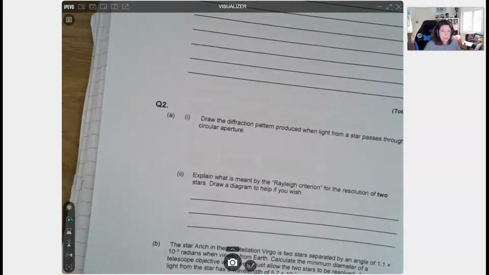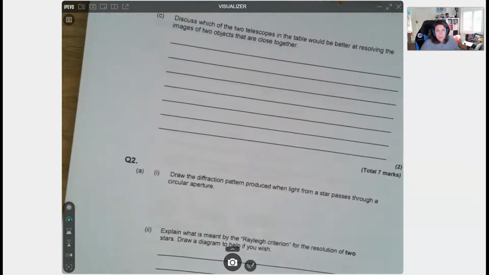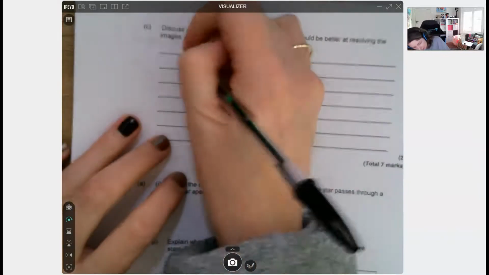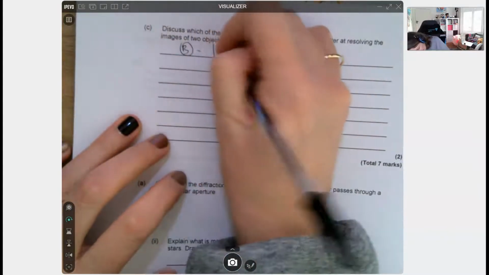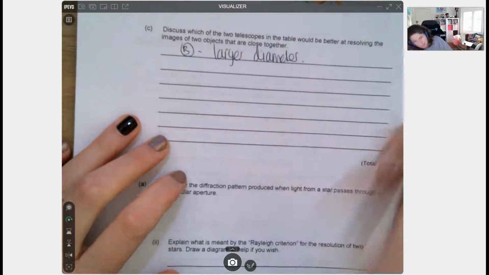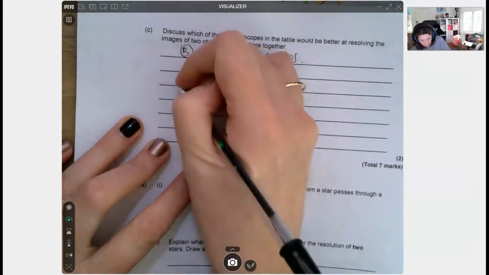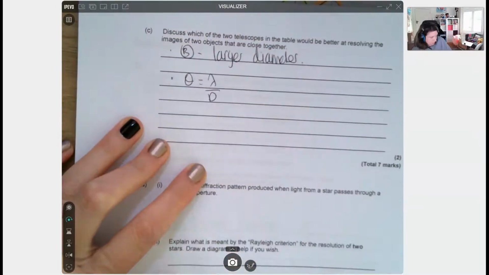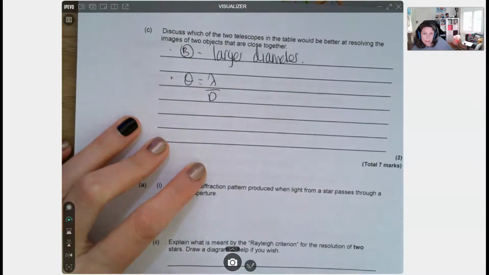Discuss which of the two telescopes in the table would be better at resolving the images. So resolving is the Rayleigh criterion. So it's going to be B because it has a larger diameter. Okay. We can write out the Rayleigh criterion. You can figure it out if you want.